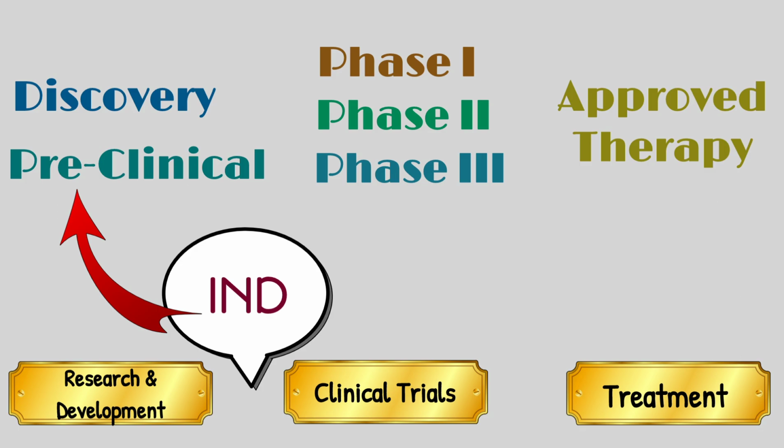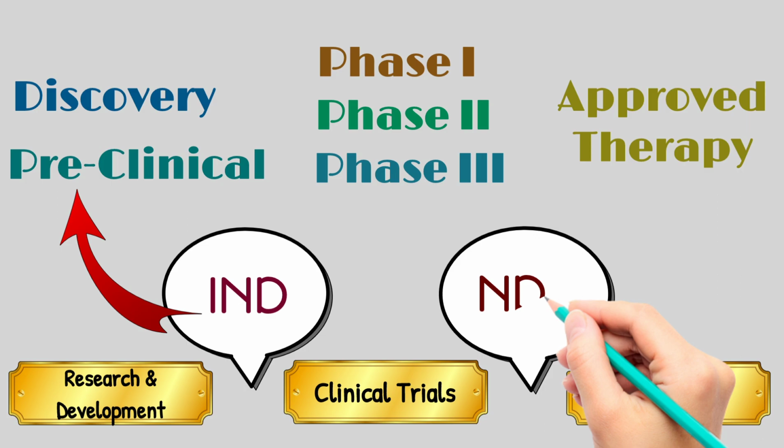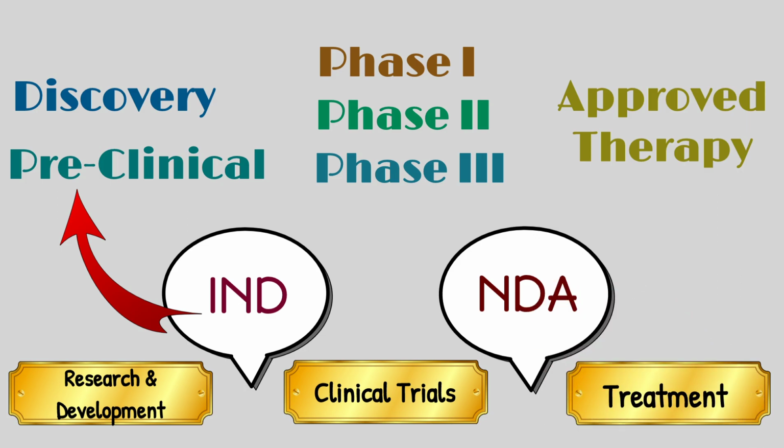Again, after clinical trial phase 3, research group or sponsor company should file new drug application to get marketing approval of drug. Once this new drug application is approved, then only sponsor company can market or sell the drug to public. So this is a brief description of entire drug development and clinical trials process.